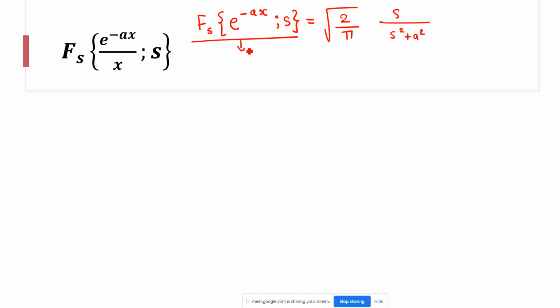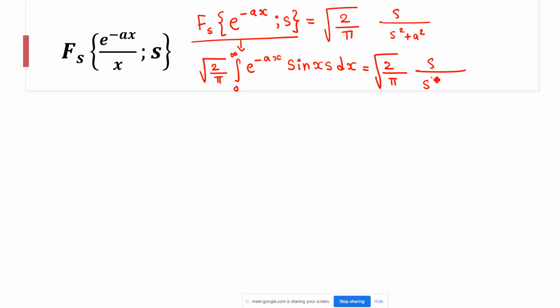So it is root 2 by pi, integrating 0 to infinity e raised to minus ax sine x converted to s dx, and that is nothing but root 2 by pi s upon s square plus a square.